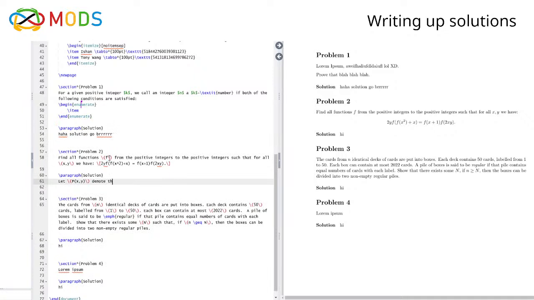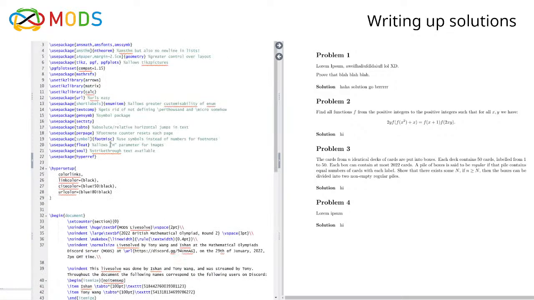What packages do we have? We have the enumitem package. Do we not? We do. I don't see it. Wait, what? It's line 13.